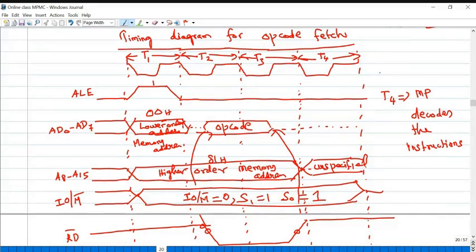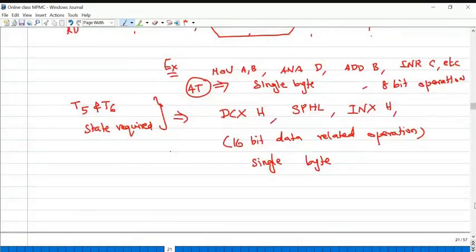This is like move operations or ADD B, a 1-byte instruction and 8-bit operation related. During the T4 state, it interprets what kind of instruction it is. So opcode fetch we completed.